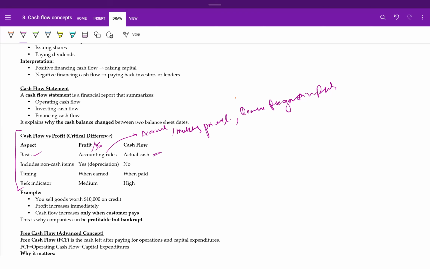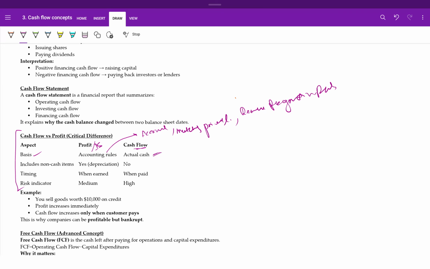This difference matters because a business may show high profit but still face a cash shortage if customers delay payments. That's why the income statement, cash flow statement and balance sheet are the primary financial statements which an investor or an analyst looks at. Understanding these three financial statements is very important.